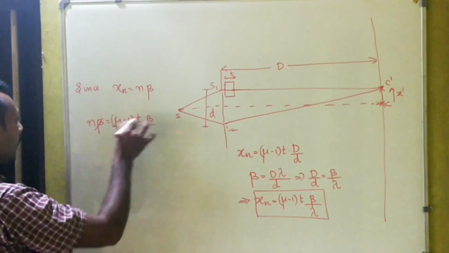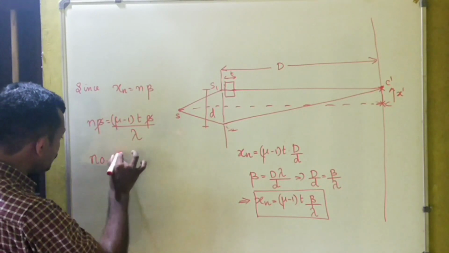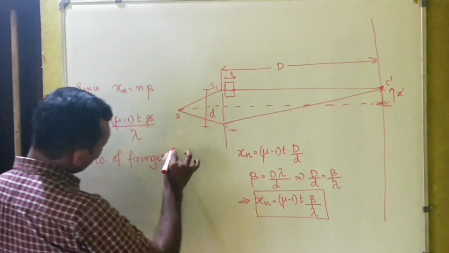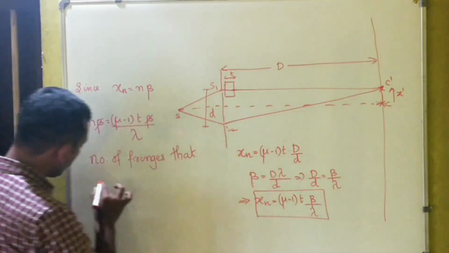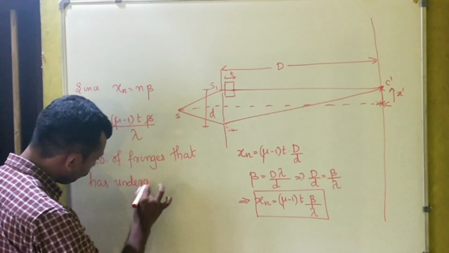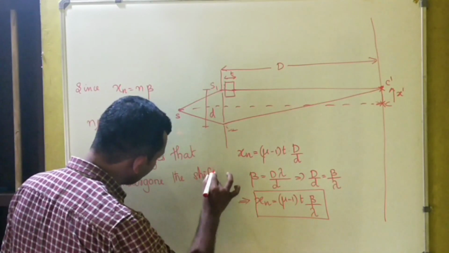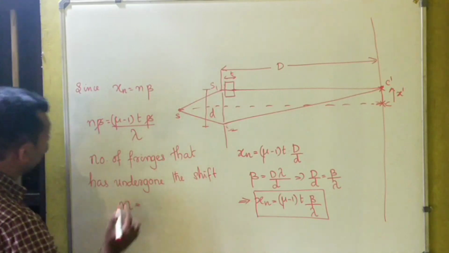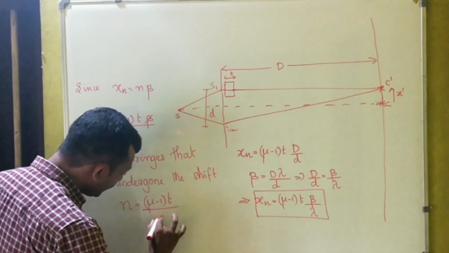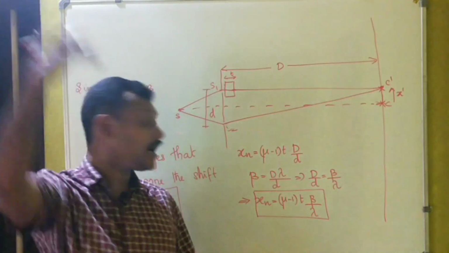Now this will give you the number of fringes that have undergone the shift. The number of fringes that have undergone the shift is n is equal to (mu minus 1) into t divided by lambda. So this is the number of fringes through which the central band has shifted.